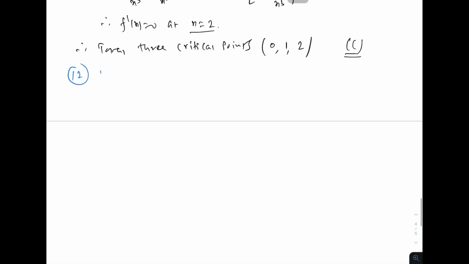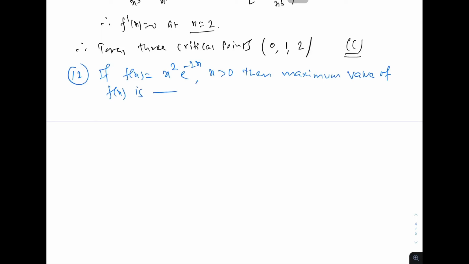If f(x) equal to x square e power minus 2x, x is positive, then maximum value of f(x) is blank.